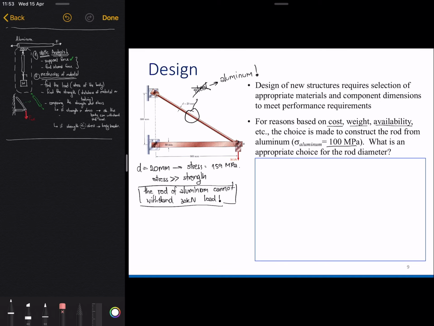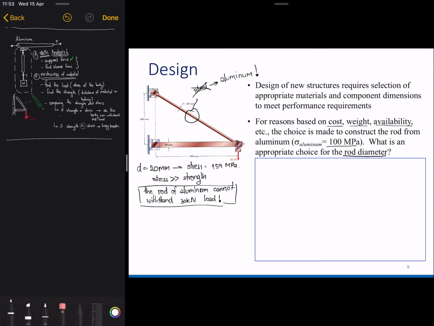What do we have to do? There are maybe 3 things you can do in this case. First, you change the design, for example, as in this problem, change the diameter of the rod. Second, you change to another material that is stronger.